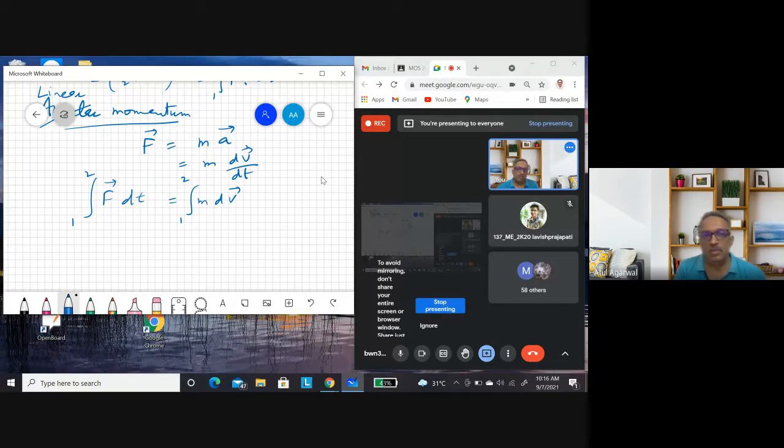This term is known as impulse, the impulse provided by this force during this time interval, and this will be equal to the integral of dv, which is the change in v. So this is the change of linear momentum.